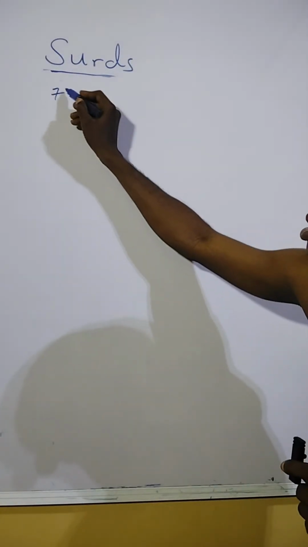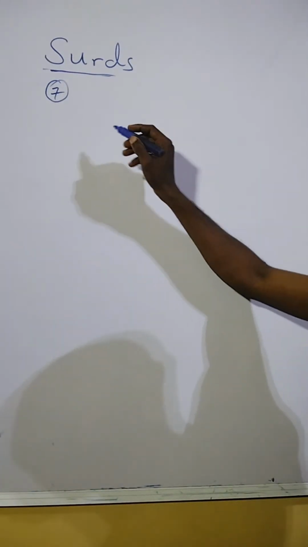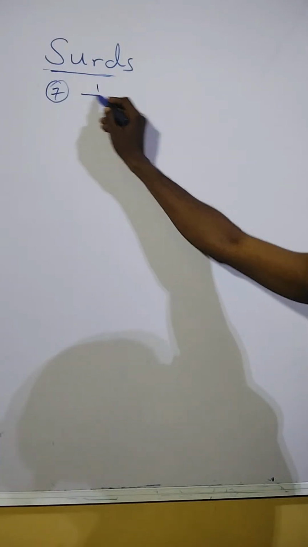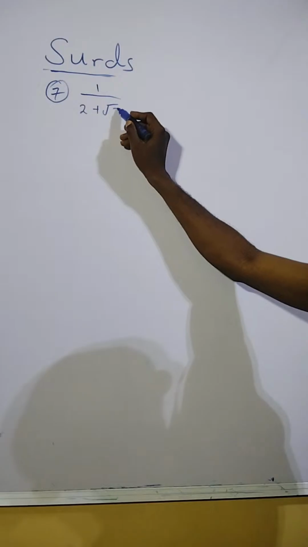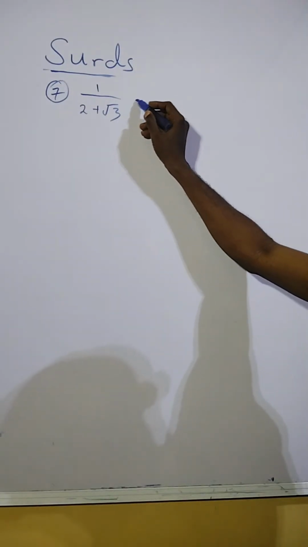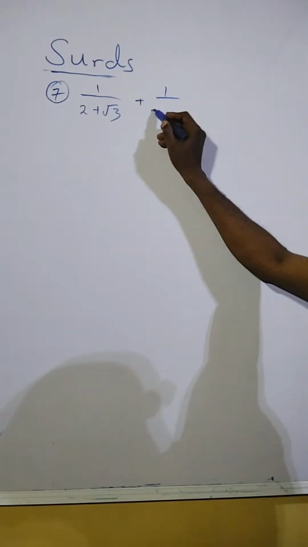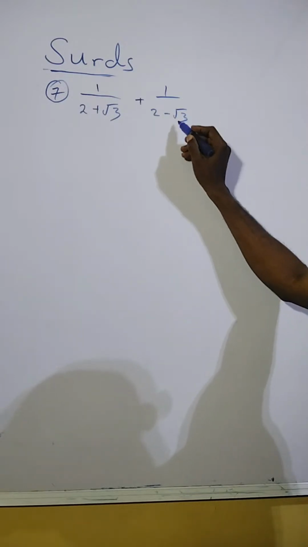So we call this number 7. We are to simplify 1 over 2 plus root 3 plus 1 over 2 minus root 3.